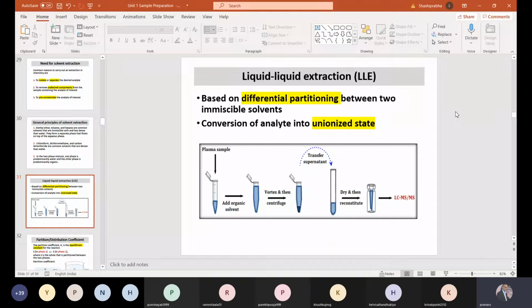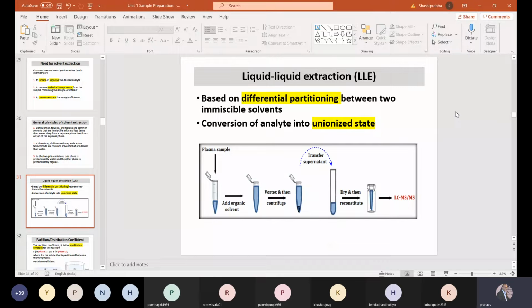Of course, we work with two immiscible solvents. The organic solvent can be a mixture of solvents. The fundamental basis of separation is differential partitioning, which depends upon the solubility, and yes, we want that the analyte should be in an unionized state.